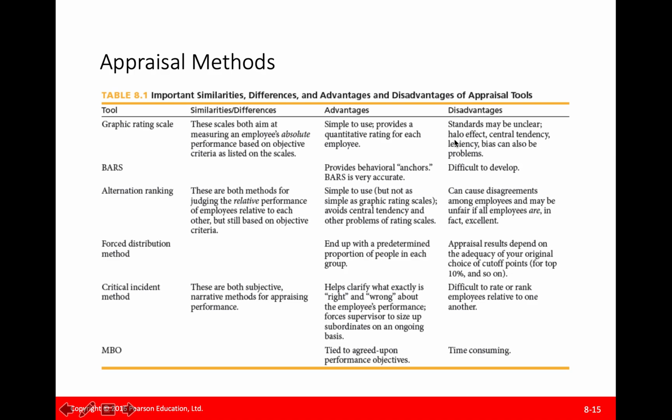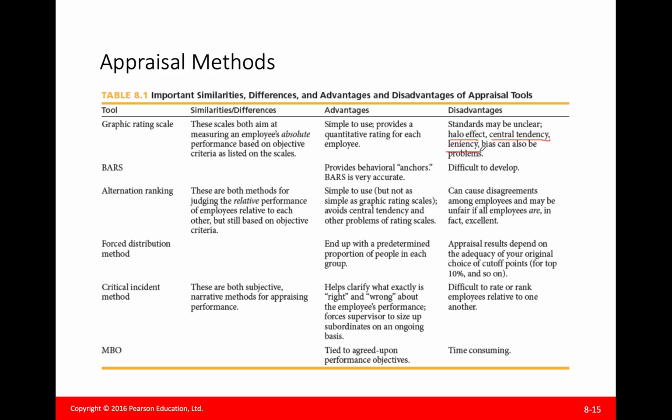Halo effect là cái gì mấy bạn? Halo effect, central tendency, leniency, bias can also be problems. We see those terms: halo effect, central tendency, leniency. Actually, those are the potential errors or potential mistakes that we normally make when we do the performance appraisal.